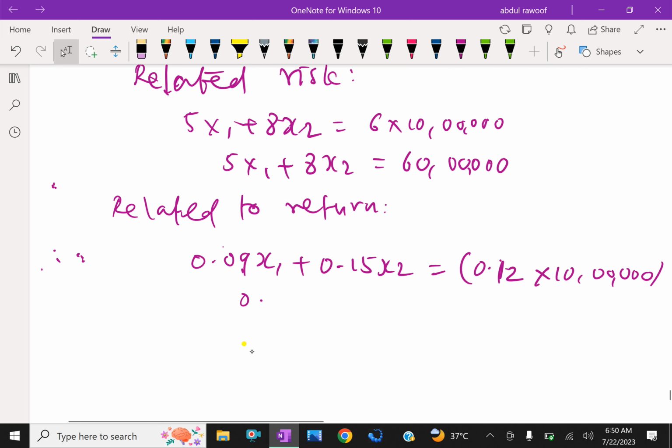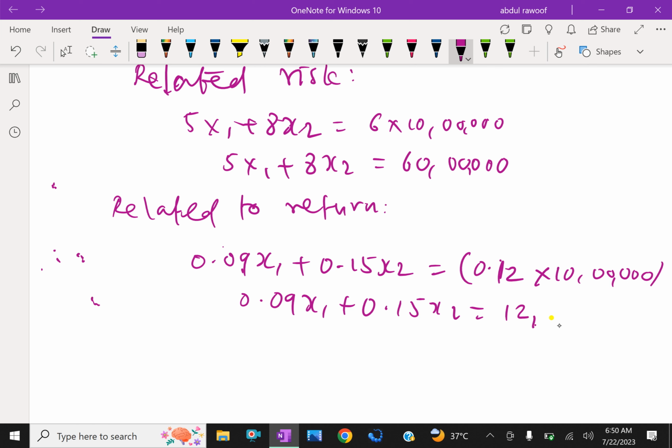We can write it one more time: 0.09x1 plus 0.15x2 is greater than or equal to 0.12 into 10 lakh, which is 1,20,000.